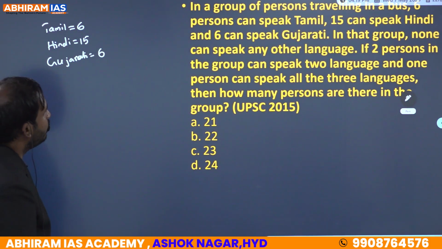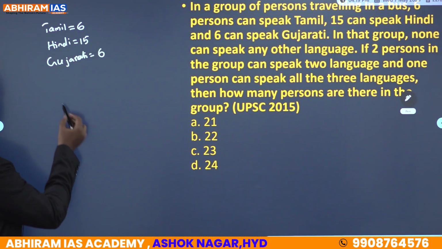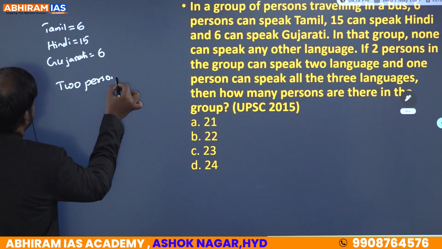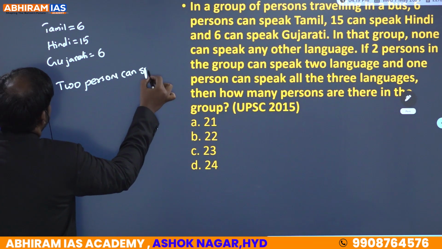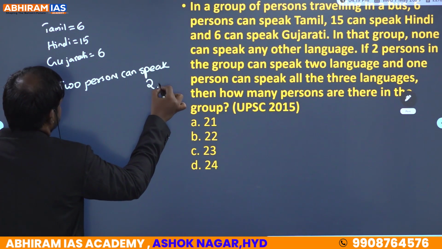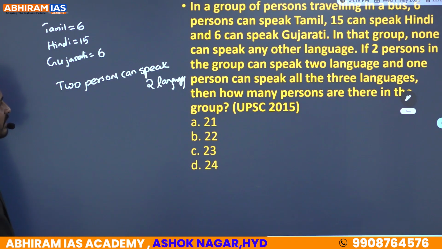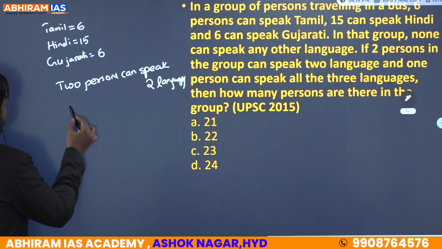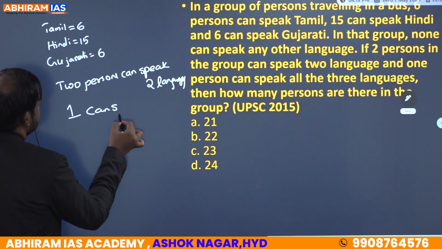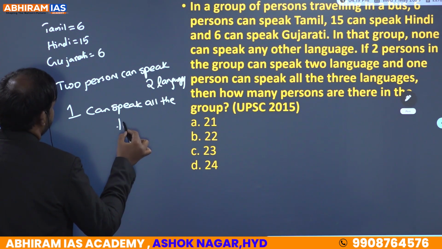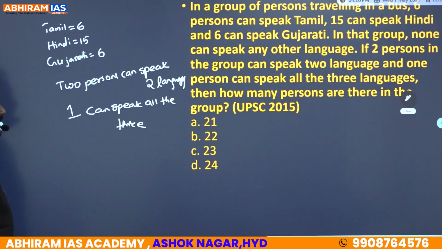Next, 2 persons in the group can speak 2 languages, and 1 person can speak all the 3. How many persons are there in the group? That is the question for us.